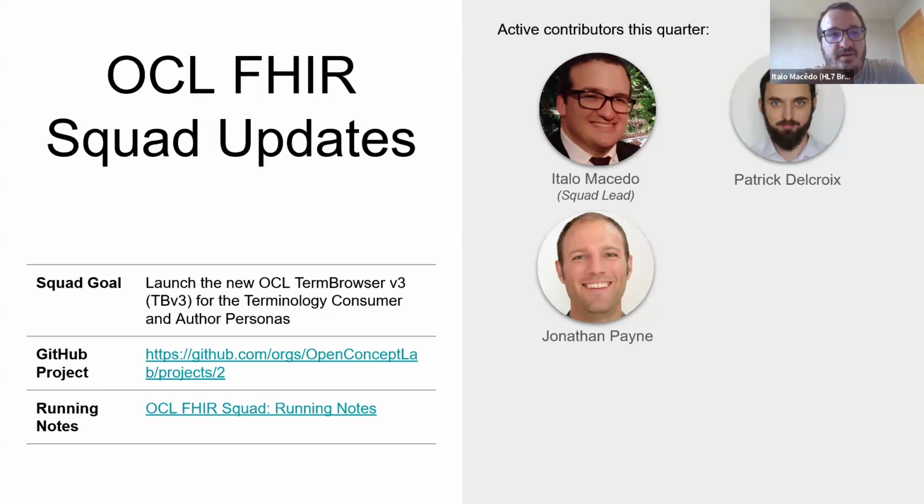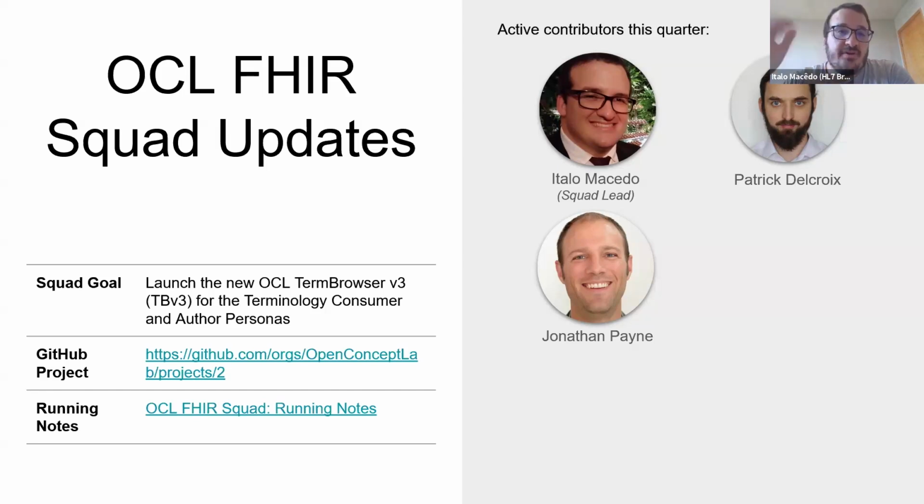For instance, if you want to author an implementation guide and use the sources and collections that you have on your OCL instance to author this implementation guide. So the idea is to have a FHIR terminology service that is fully compliant and capable of implementing all the operations that the FHIR IG publisher expects.